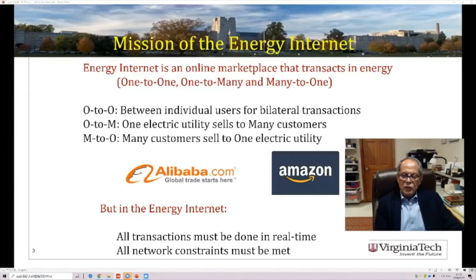Likewise with electricity, many buildings are trying to sell electricity in real time to the power company. We must make sure enough transmission and distribution capacity exists in the network so that all that power from rooftop solar can flow back to the power company's network.